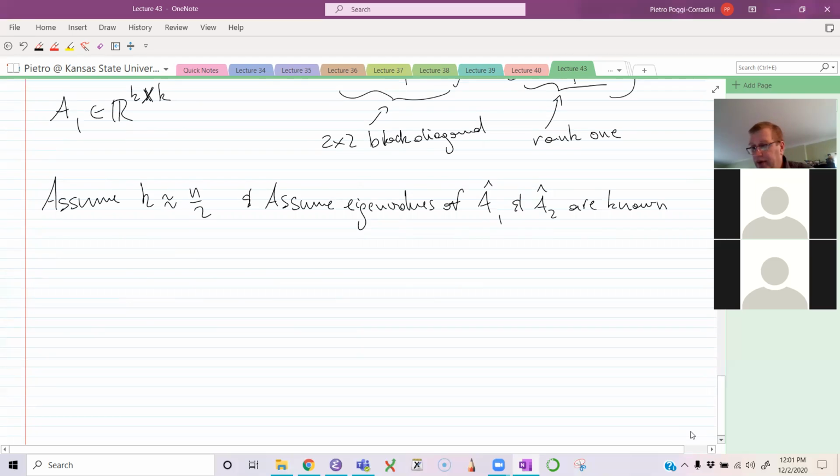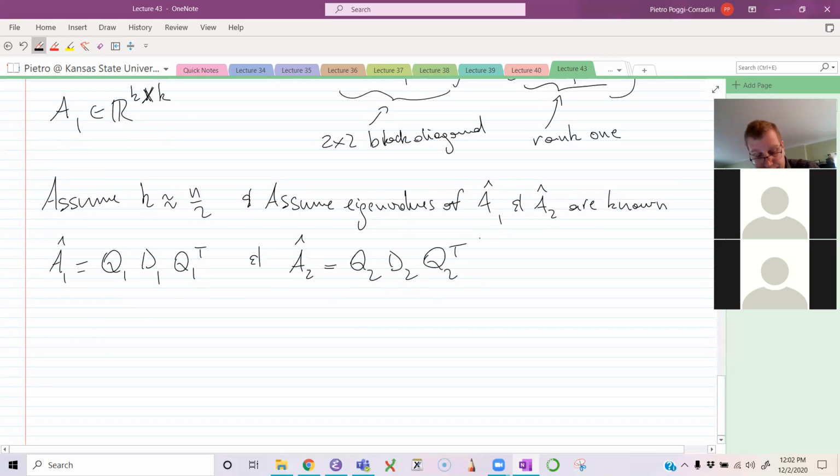So that means that, for instance, we can diagonalize A1 hat as U1 D1 U1 transpose, and A2 hat as U2 D2 U2 transpose.